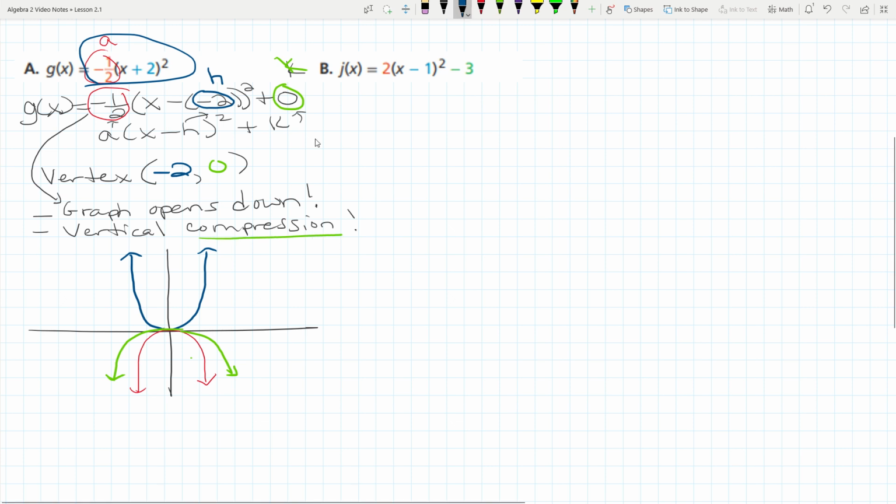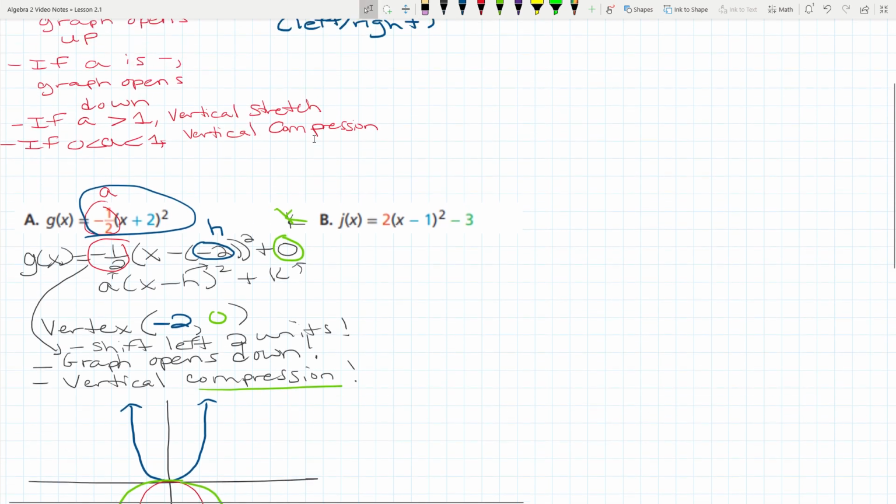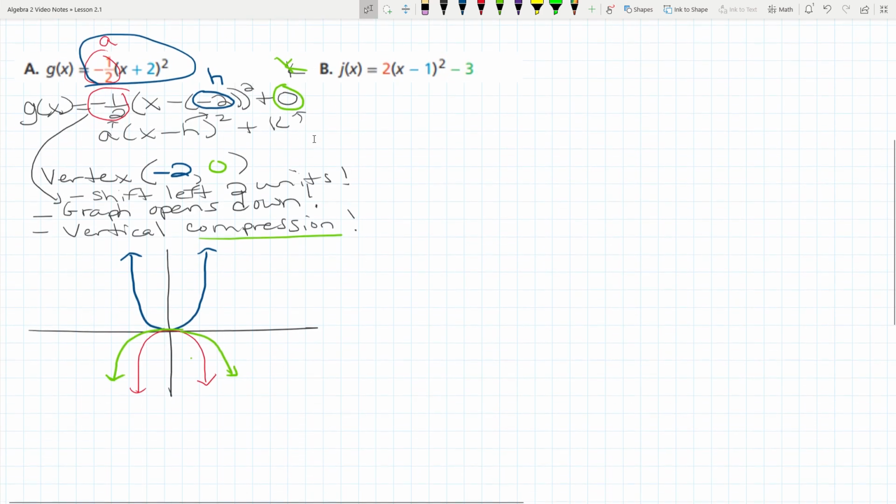And we forgot to say this part. So now this guy is actually shifting to the left 2 units. How do we know it's shifting to the left 2 units? It's because this is a negative 2.